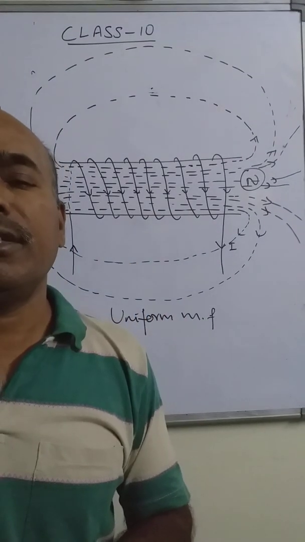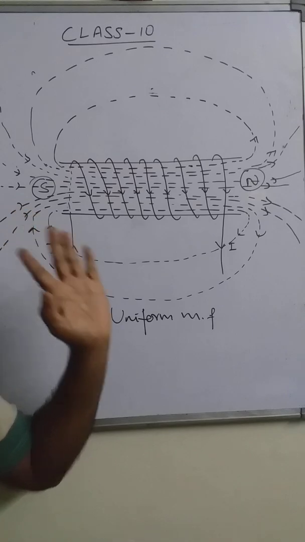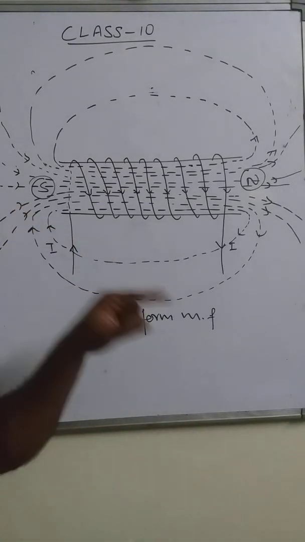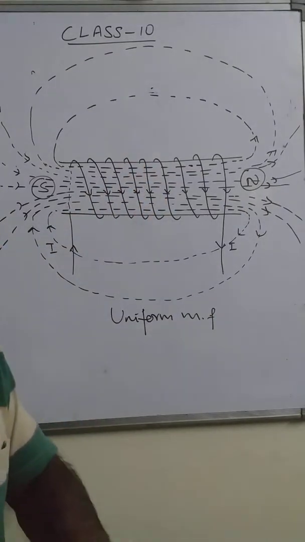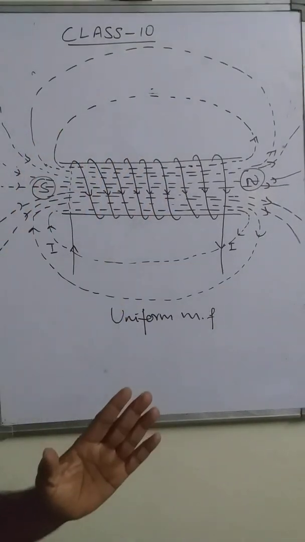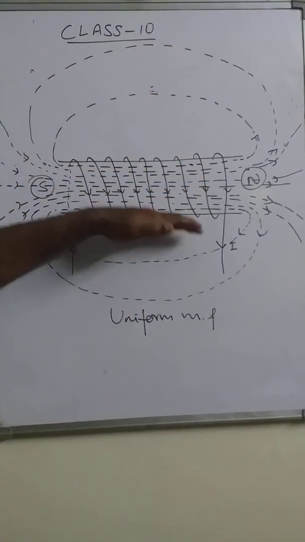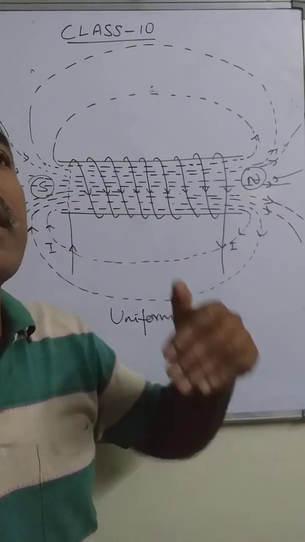In that case, it also produces a magnetic field when current passes through it, and the magnetic field inside the solenoid is very much stronger compared to outside. Therefore, the magnetic field outside the solenoid can be neglected.